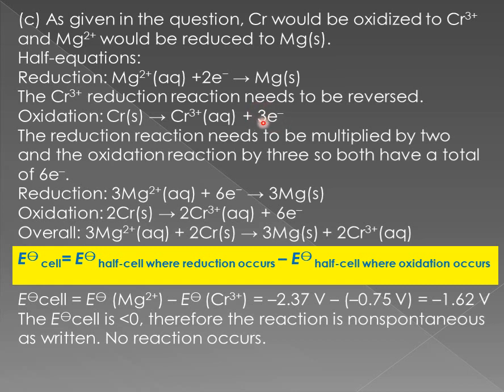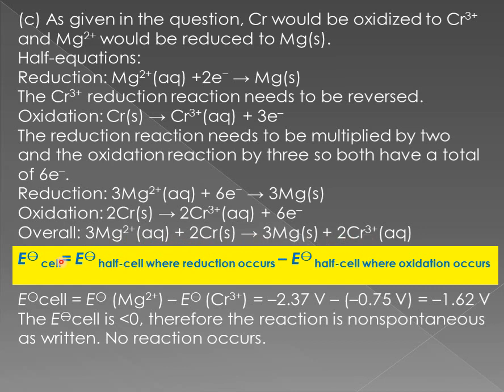Here 3 electrons are lost and here 2 electrons gained, so we multiply the first one by 3 and the second by 2. Then we have 6 electrons and 6 electrons, which cancel, and the overall is 3 magnesium ion plus 2 chromium give 3 magnesium metal plus 2 chromium ion.